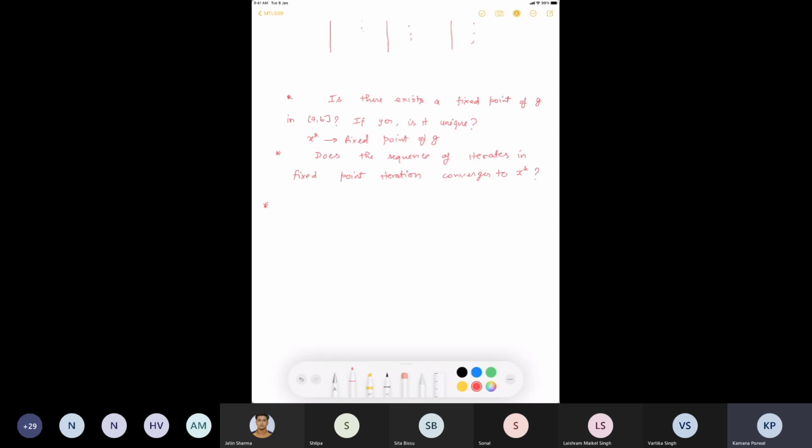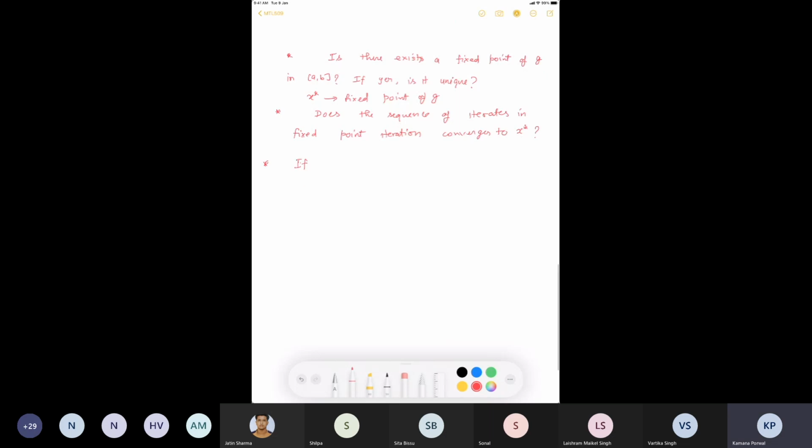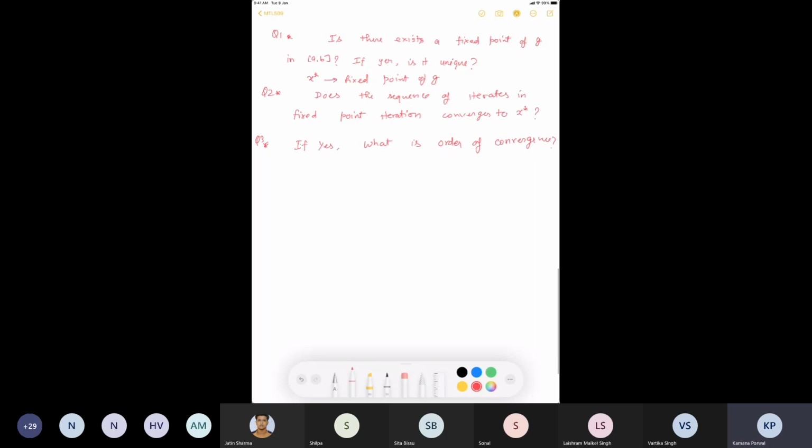That's the third thing we have to analyze. So suppose we could answer the second question as yes, then what is the order of convergence? So these are the questions we will try to answer.